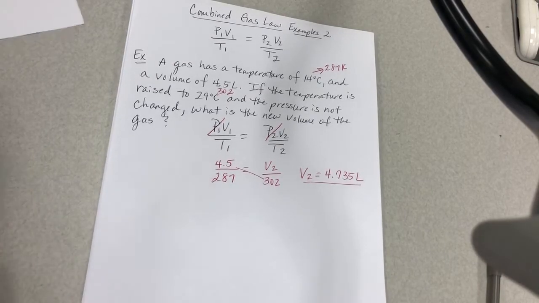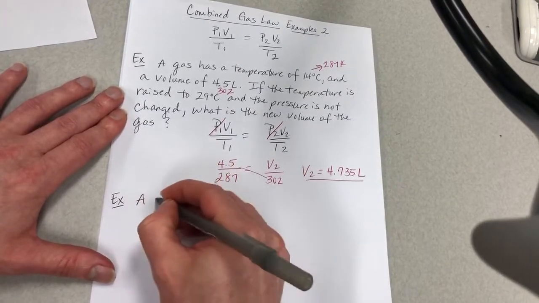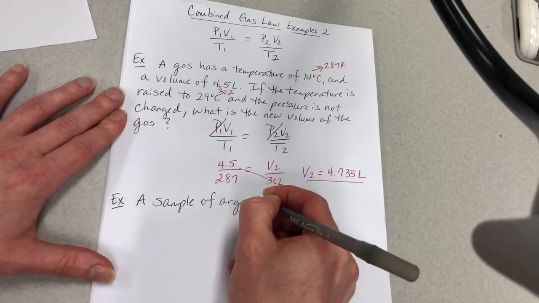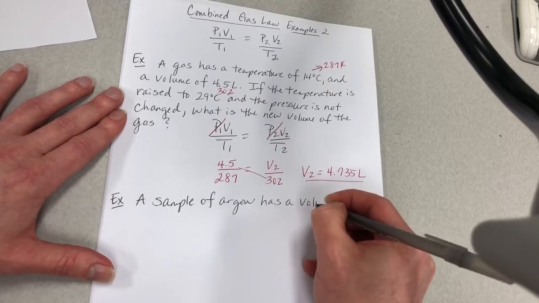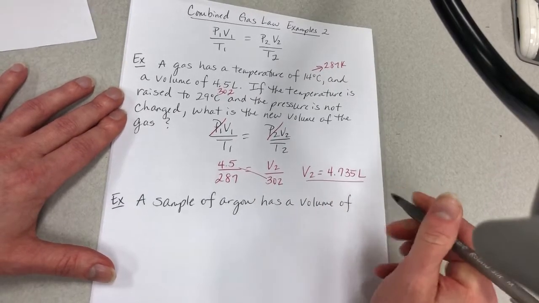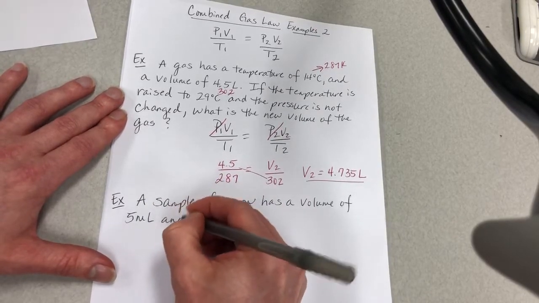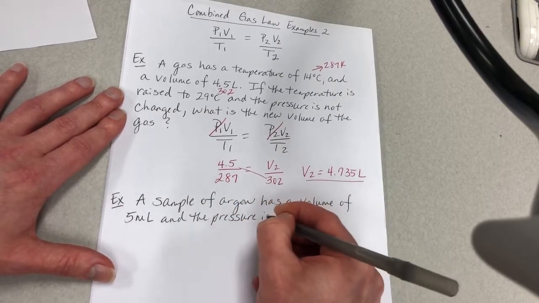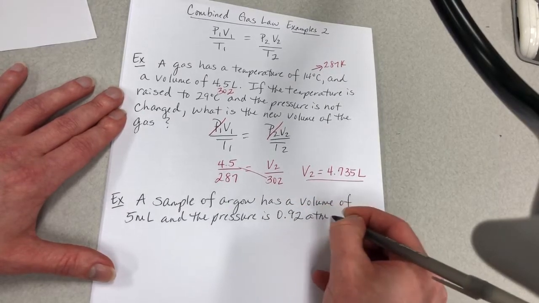Okay. Number 2, second example. A sample of argon has a volume of 5 milliliters and the pressure is 0.92 ATMs.